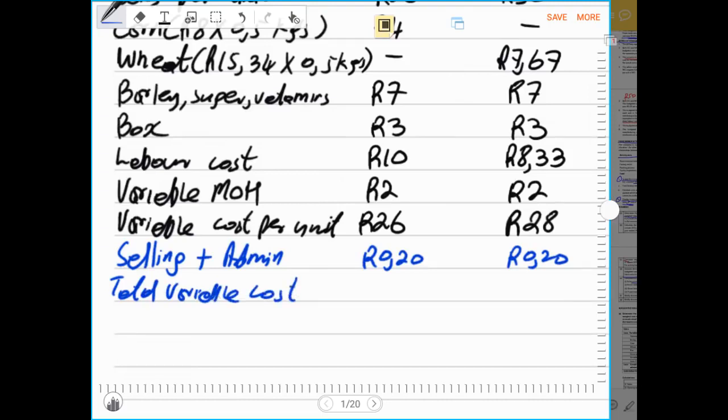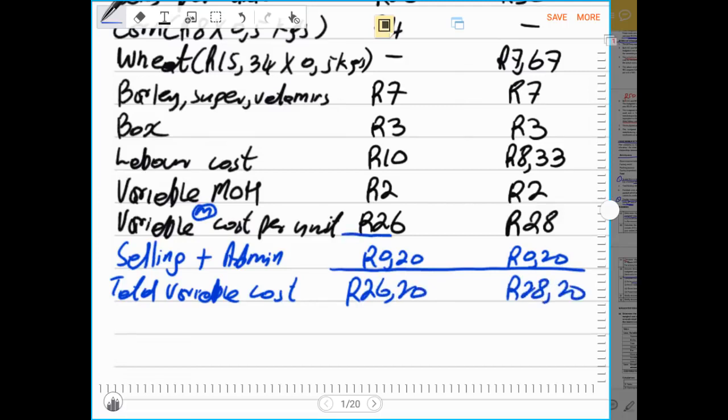Variable cost. This was variable manufacturing cost. Don't forget, this was variable manufacturing cost. So now we have taken into account our total variable cost, our selling and admin. Therefore now this will give us 26 rand 20 cents and 28 rand 20 cents.